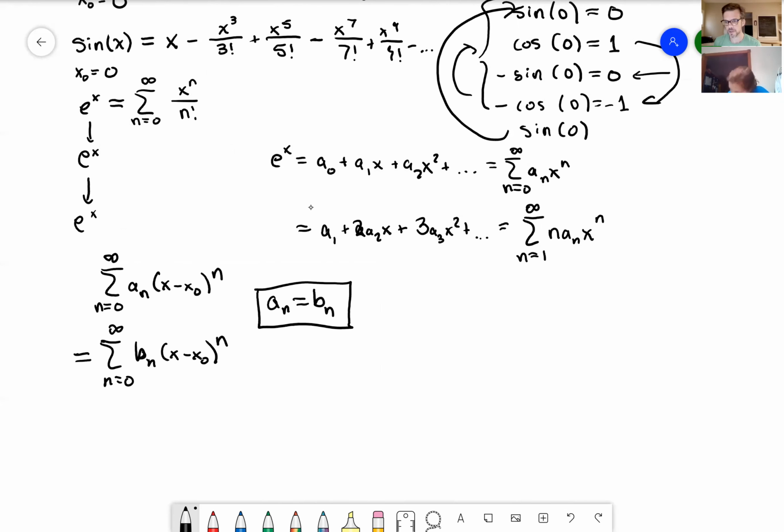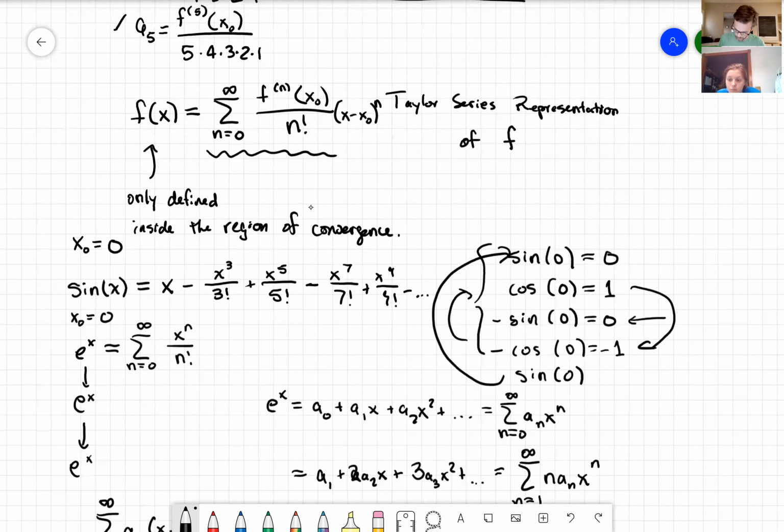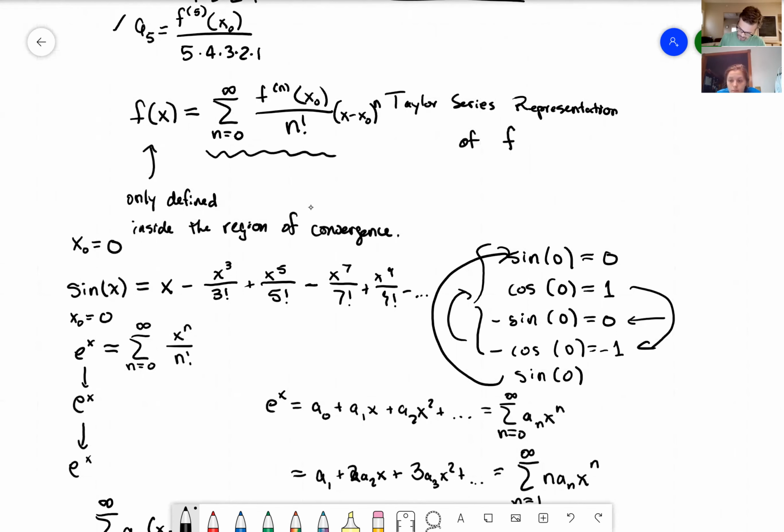Right? And the same thing works for polynomials. If we have two polynomials that are equal to each other, then their coefficients are equal as well. And that was what we used for the method of undetermined coefficients, for example, whenever we wanted to get a particular solution. So we'll do a similar thing with power series. And so we'll need to know that if we have two power series that are equal to each other, then their coefficients are equal.